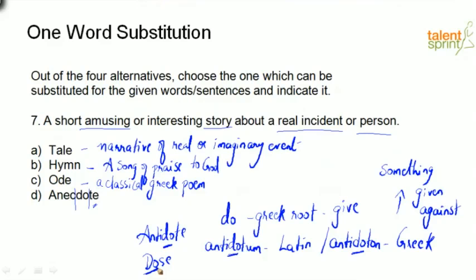Either you take it, it's prescribed to be taken at one time or at particular intervals. So it's again something given. So anecdote, likewise, having this Greek root do, is basically giving a short, amusing or interesting story about a real incident or person.